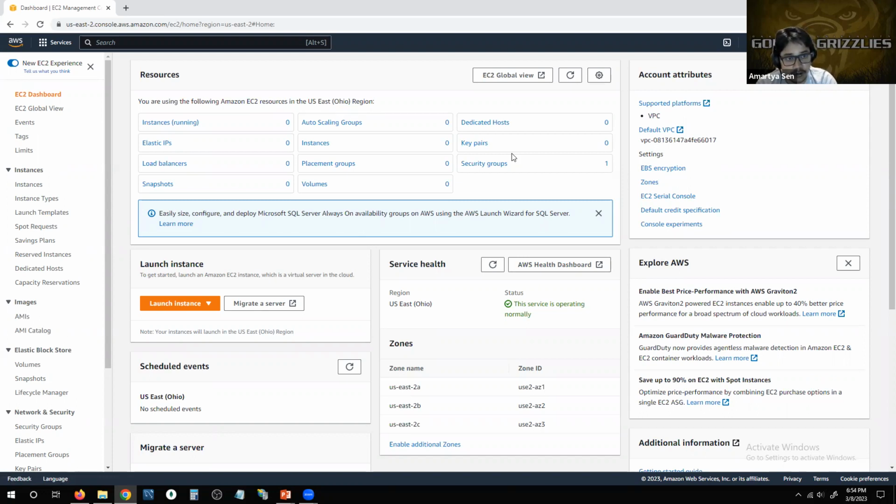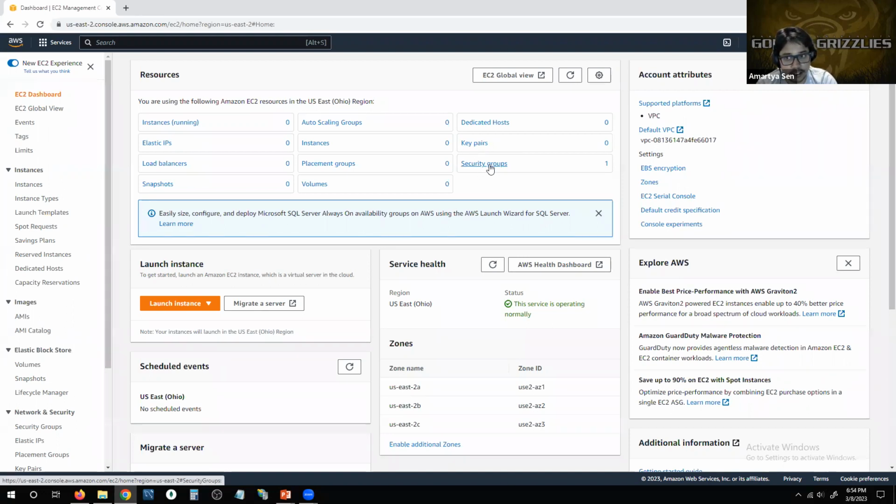So in doing all of those things, you need an authentication secret key, right? So you basically have a key pair that you generate, and you use that key pair in order to authenticate yourself when you're trying to SSH or RDP into your EC2 instances, right? So this is what that key pair is all about.